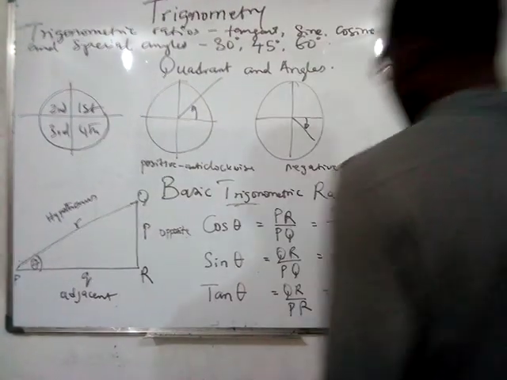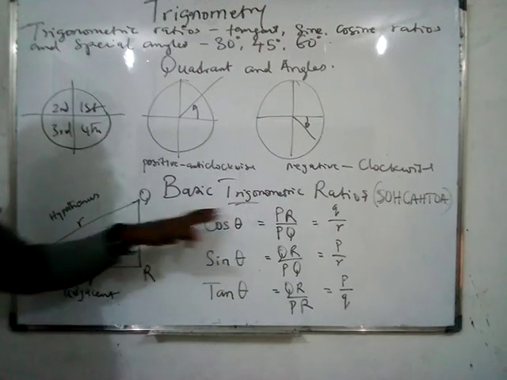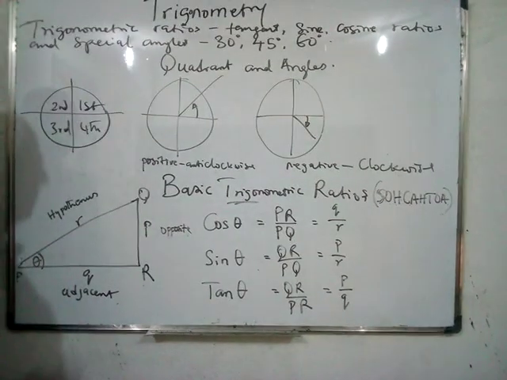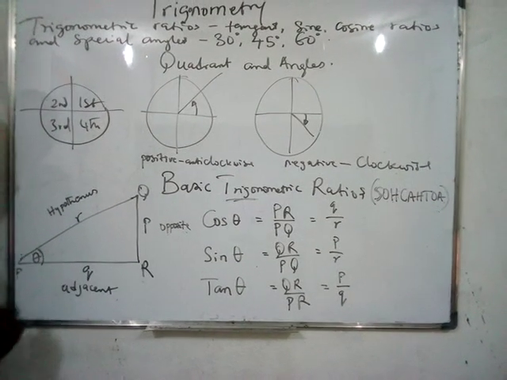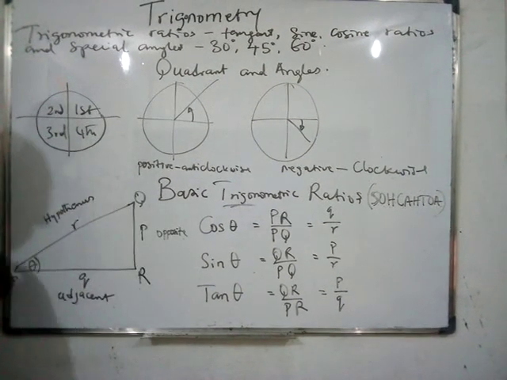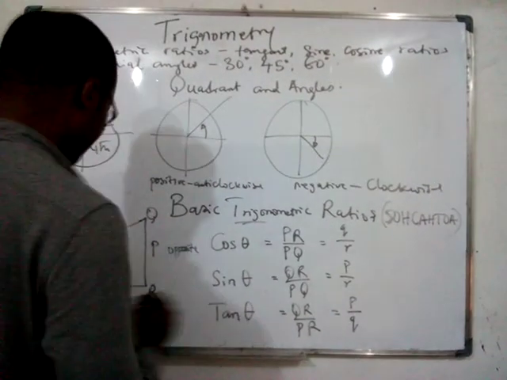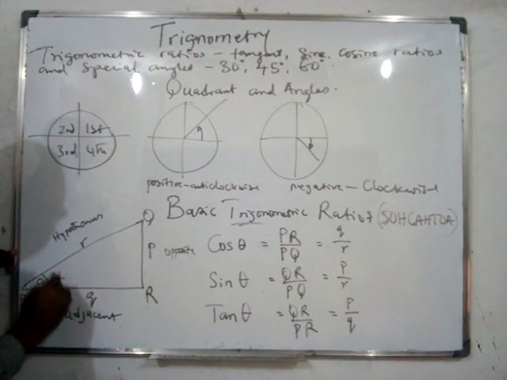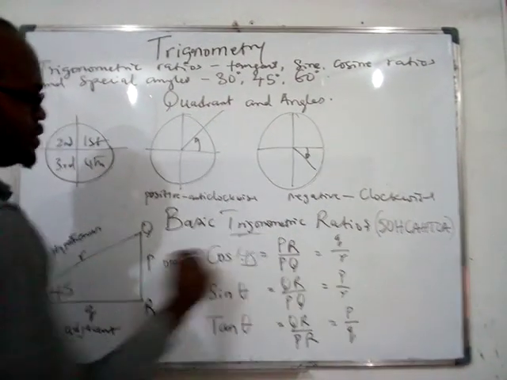So note this notation, SOHCAHTOA. That's the simple way of getting the basic trigonometric ratio. Noting that this is the opposite, this is the adjacent, and this is the hypotenuse. So using that, you can find the cosine of any angle. So if let's say this angle is 45, cos 45 is going to be what?